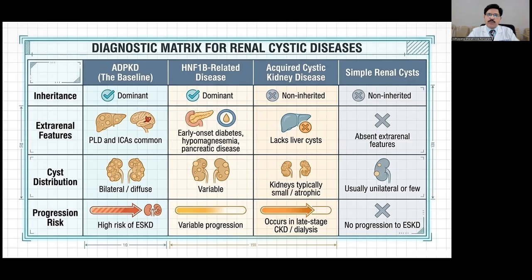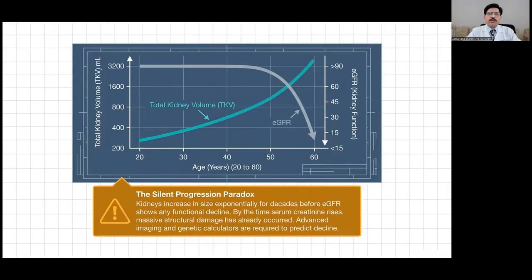You must be able to differentiate ADPKD from HNF1B, acquired cystic kidney disease, and simple renal cyst. Now you see total kidney volume. This is a new concept. So instead of taking the measurement of the kidney, you have to work out what is called the height adjusted total kidney volume, HtTKV it is called.